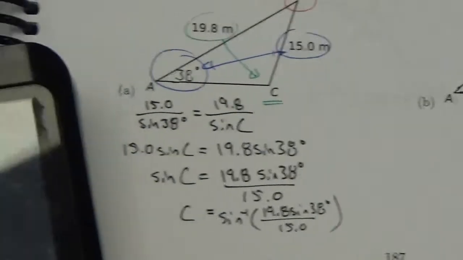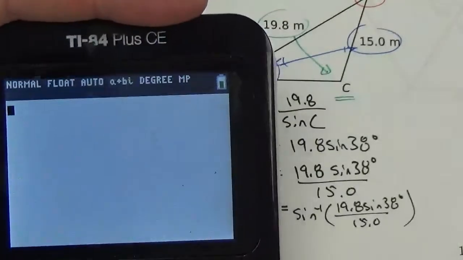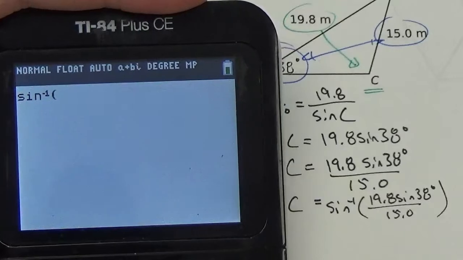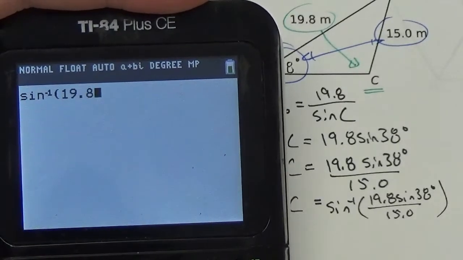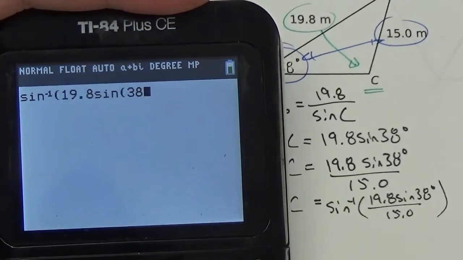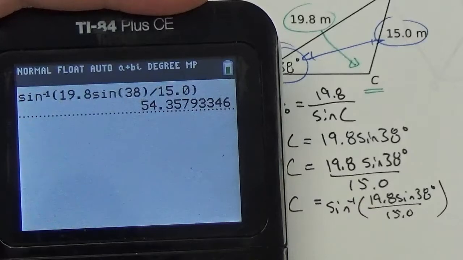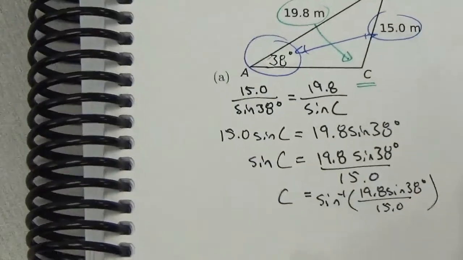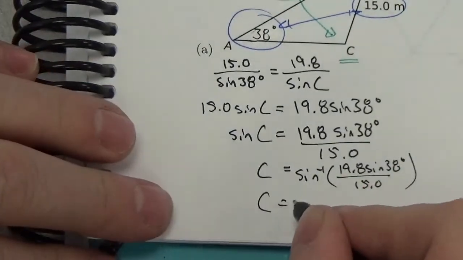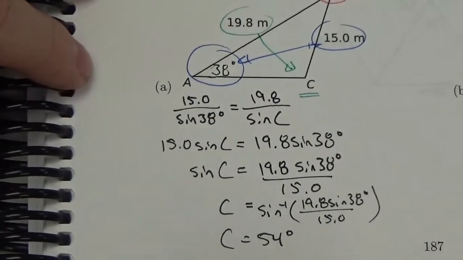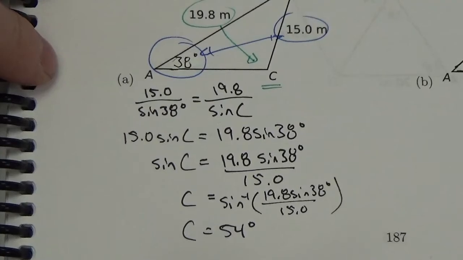Okay, so now that is once again just calculator work. So the inverse sine of 19.8 times the sine of 38, close that bracket, divided by 15.0. And I get 54 degrees here. So C is 54 degrees. Well, okay, how does that help me get B?